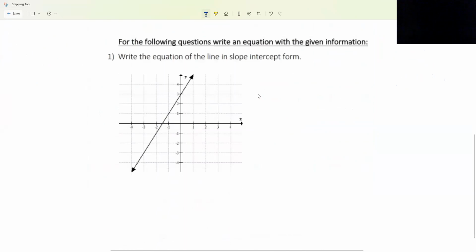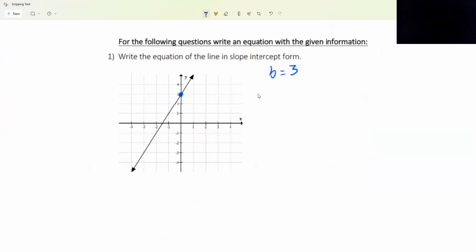Now with this one, what they want you to do is we're going to do the reverse. They give us the line, they want to know what the equation is. So let's figure that out. Well, the first thing we know is, hey, your b is equal to 3. Because remember, if you know what the slope is and you know what the y-intercept is, you can do anything they ask you.